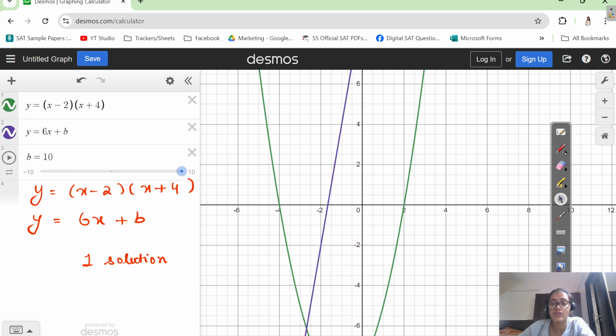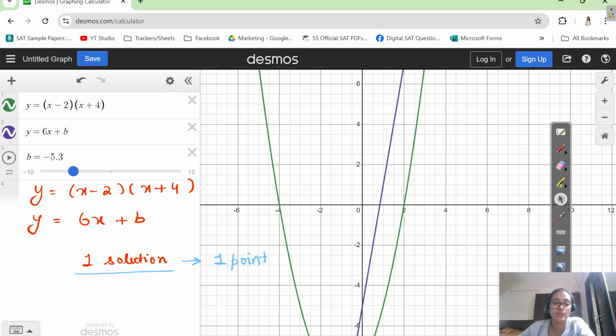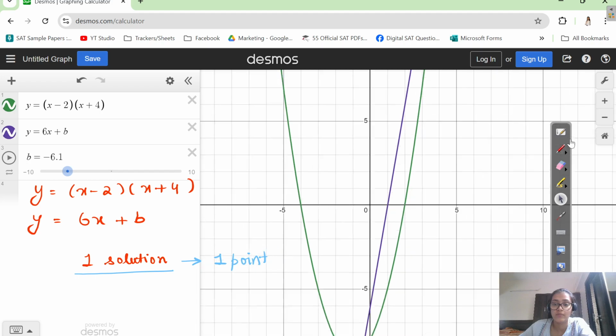Now in the question, it's given that the system of equations has one solution. So when it has one solution, that means the parabola and the line will intersect at exactly one point, not two, but one point. So you have to adjust the values of b such that your line touches the parabola.